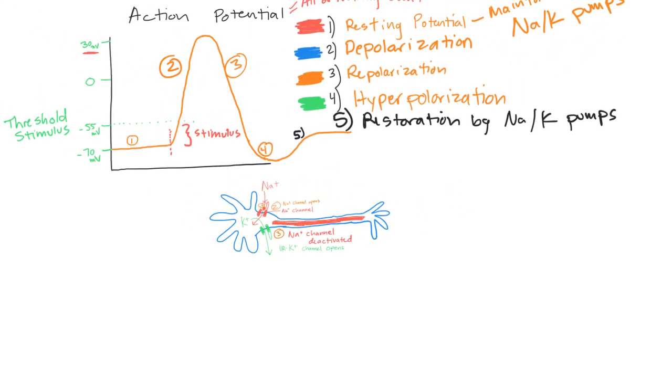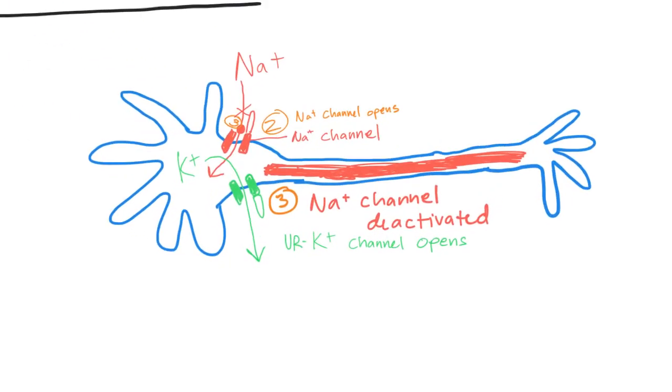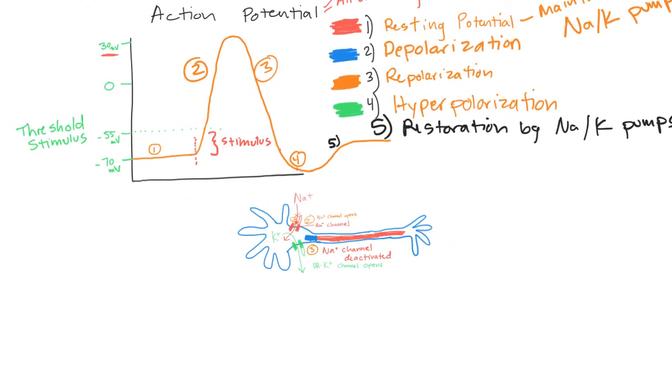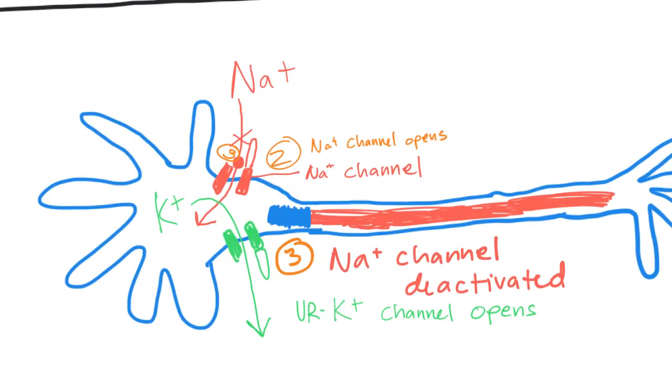So first you're going to get depolarization here, and then that will go on to the next section. You'll get depolarization further down, but behind it, you'll have repolarization. And then that will continue as the signal goes down the axon.